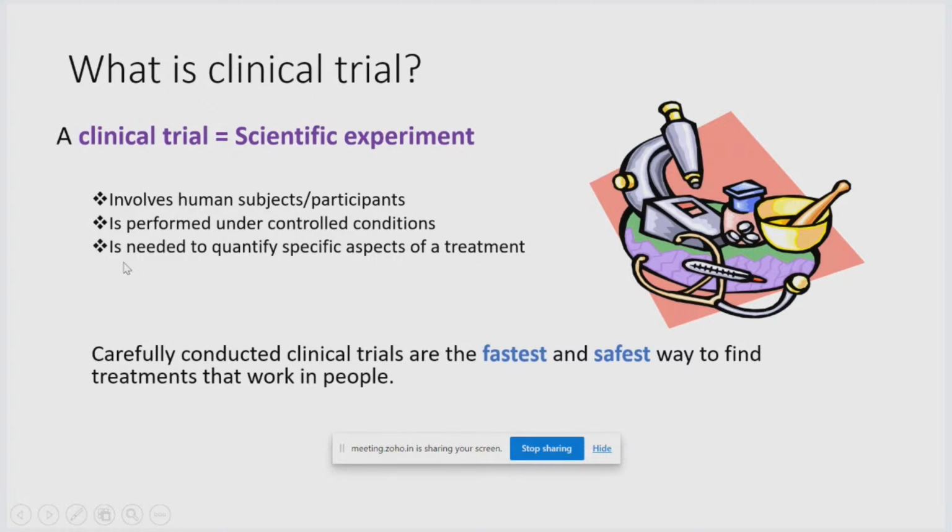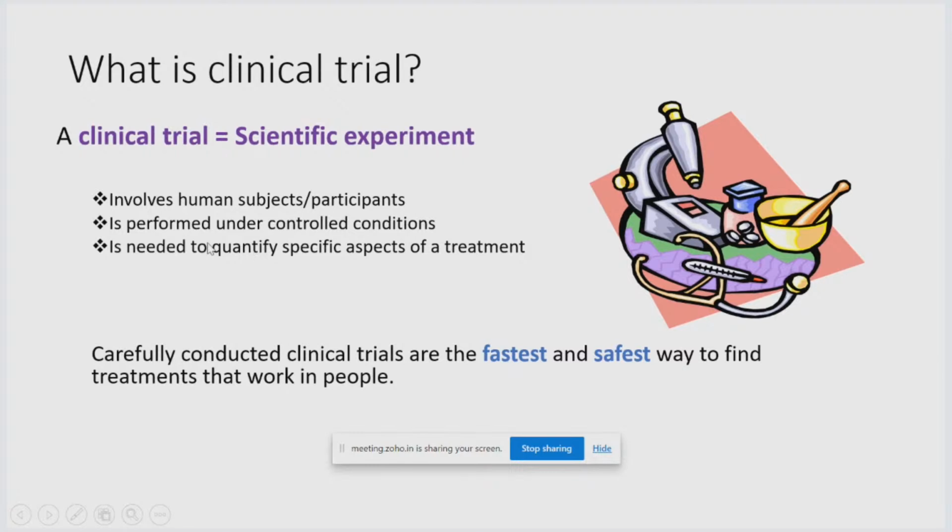And clinical trials are performed under controlled conditions, and we need data which is quantifiable for a specific aspect of the treatment. What does this mean? If you want to say that this new vaccine or drug is effective, then you have to tell by how much percent. Is it 50% or 70%? At which significance level?